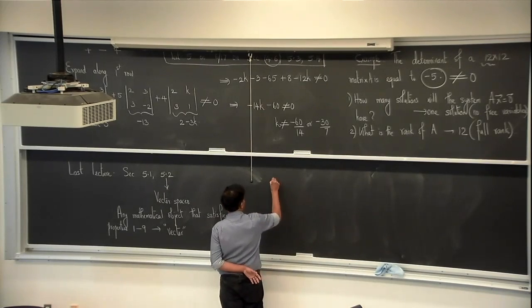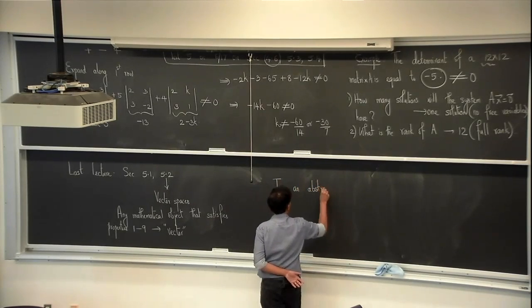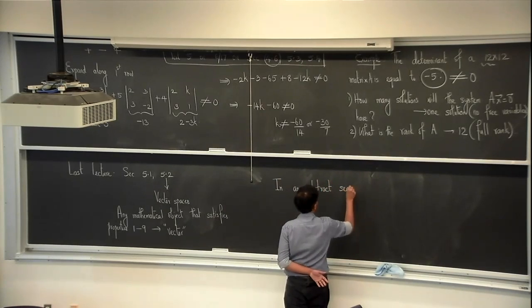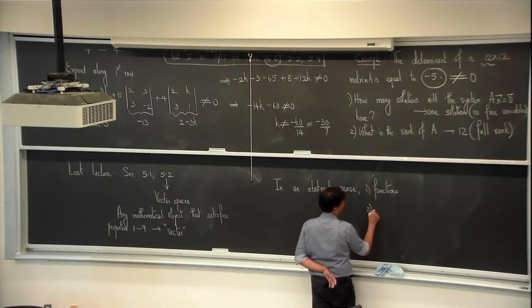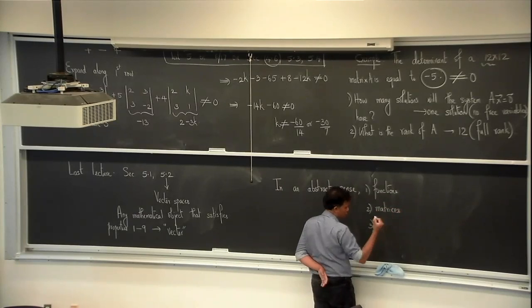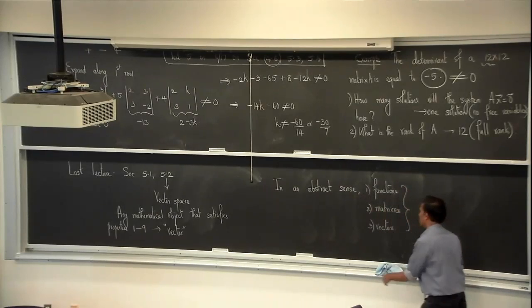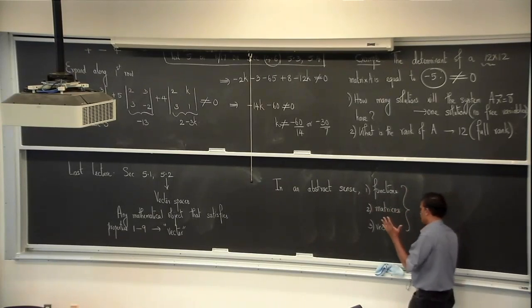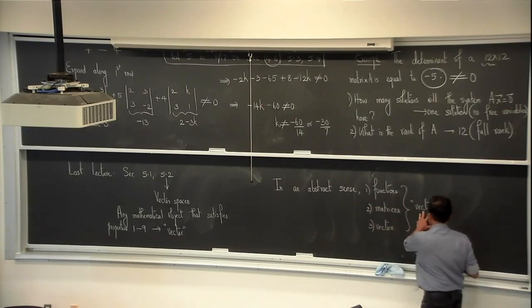Okay. So in an abstract sense, functions, matrices, your actual vectors in R2, R3, and so on. Okay. Those are all vectors, so that's the abstraction there.